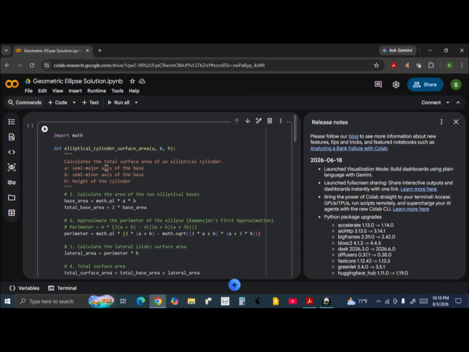So we bring in the math, calculate the area of the two elliptical bases. That is known, pi AB, multiplied by 2, so we get the top and the bottom of the cylinder. And then to calculate the area of the lateral portion, the side, we need to find the perimeter of an ellipse.